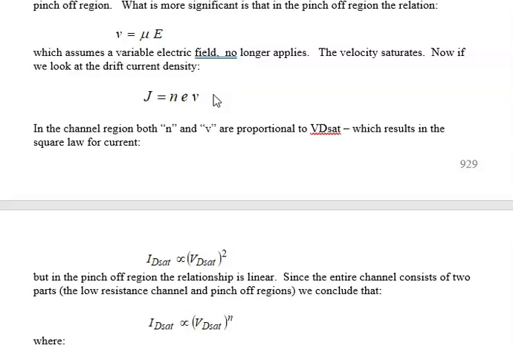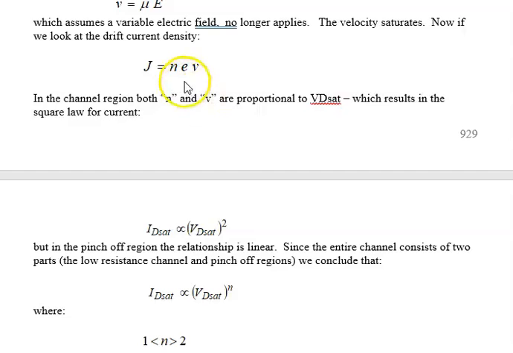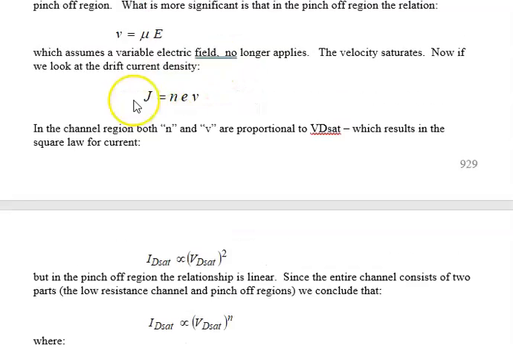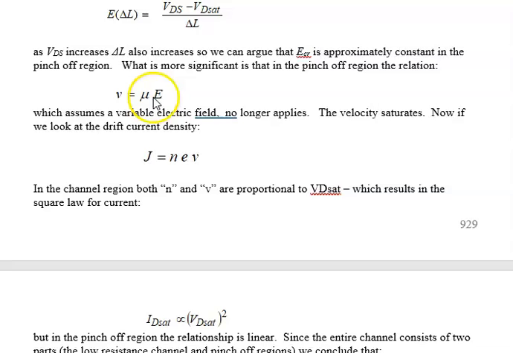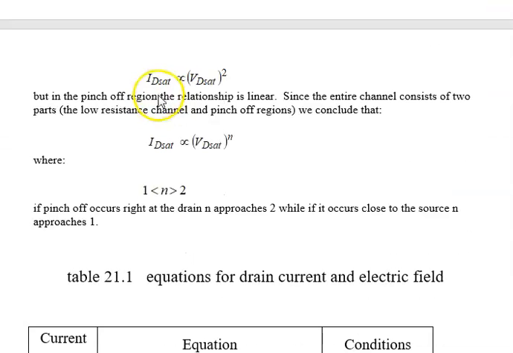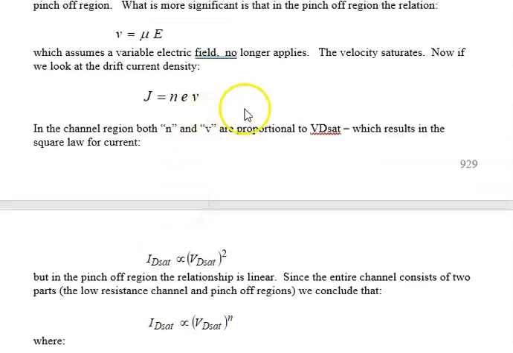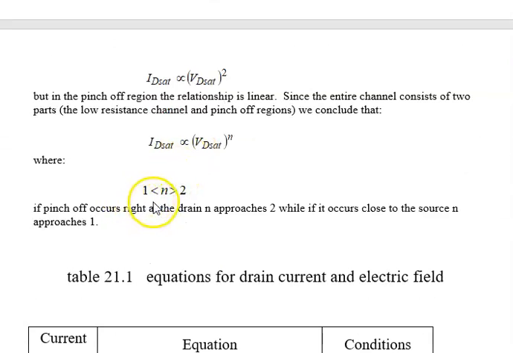However, if we have pinch-off to the left of the drain, then we have a region where this equation no longer holds, and n is less than 2. If pinch-off occurs at the source, then the entire channel is pinched off, and then n is equal to a little bit, just greater than 1.